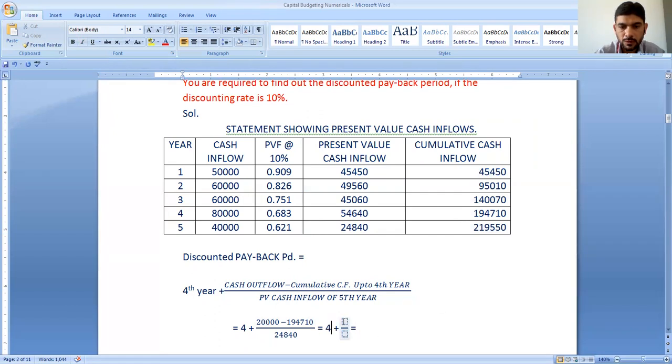4 plus, now subtracting these two values, it will be 5,290 upon 24,840.